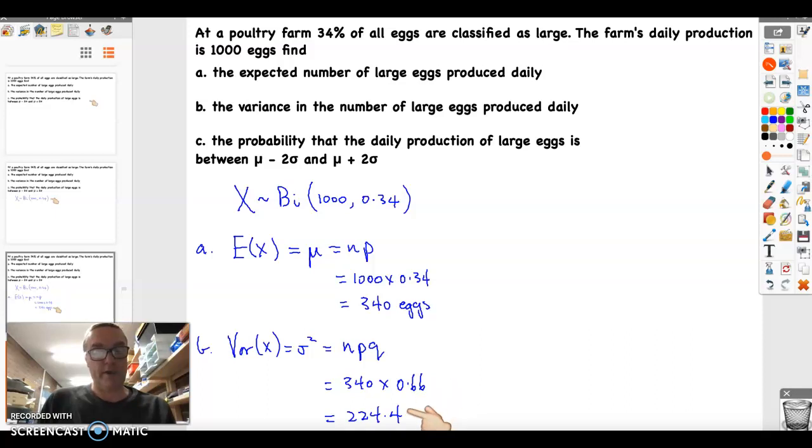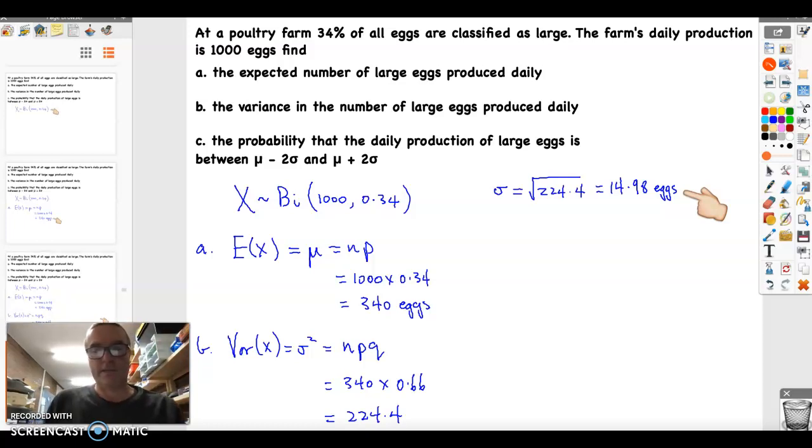And that gives us a variance of 224.4. So that's some idea of the measure of spread. However, we would like to use the standard deviation, not just the variance. So by finding the square root of the variance, we get a standard deviation of approximately 15 eggs, 14.98.